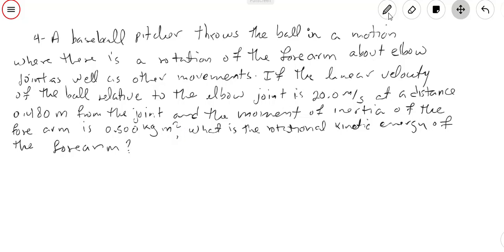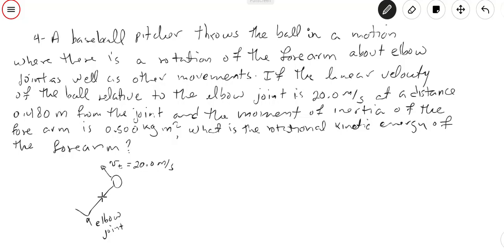So let us make a very quick diagram here. So here we have the elbow joint, and then here we have the ball, and we're throwing the ball with a linear velocity, a tangential velocity of 20.0 meters per second.